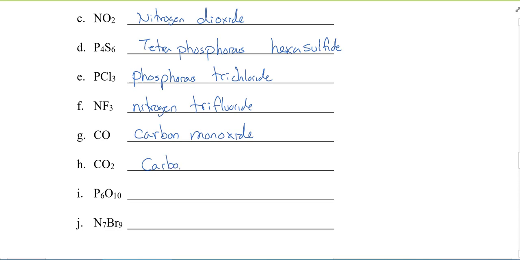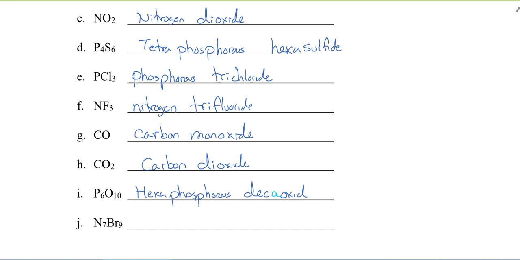Carbon dioxide. 6, hexa phosphorus deca oxide. Now, this A, I'll even write it in a different color for us. This A is dropped. If you don't drop it, I'm okay with it.